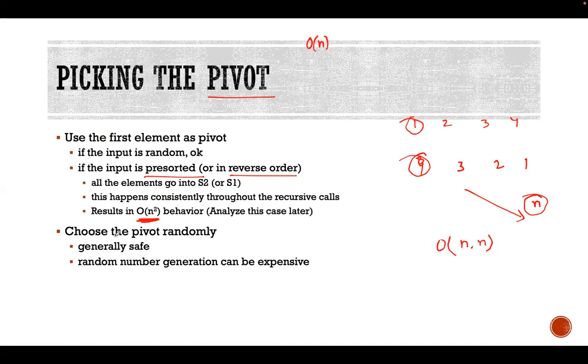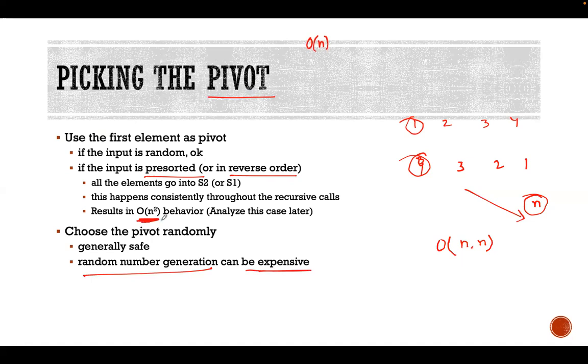Now if we choose the pivot randomly, generally it's safe, but random number generation means picking a random number and then picking the pivot. It can also be expensive. Random number generation is another expensive algorithm.